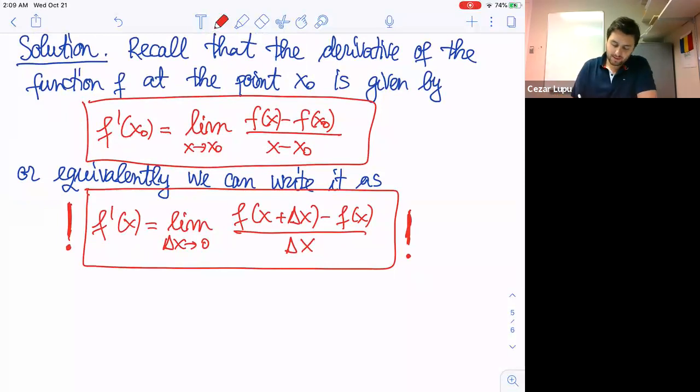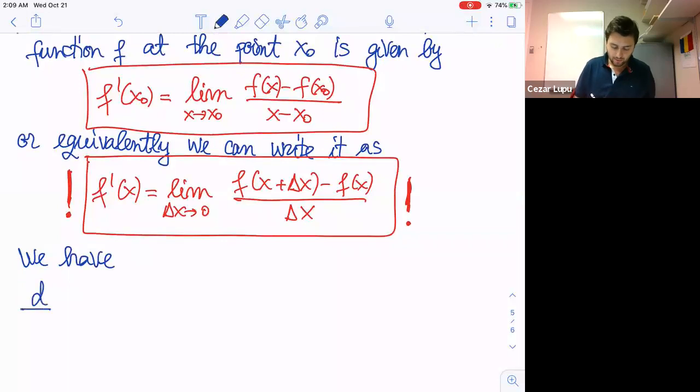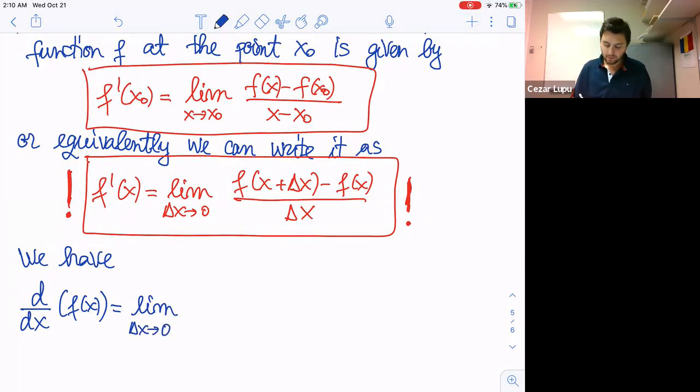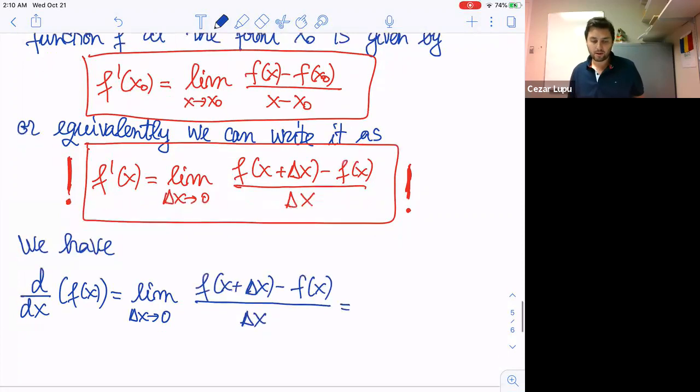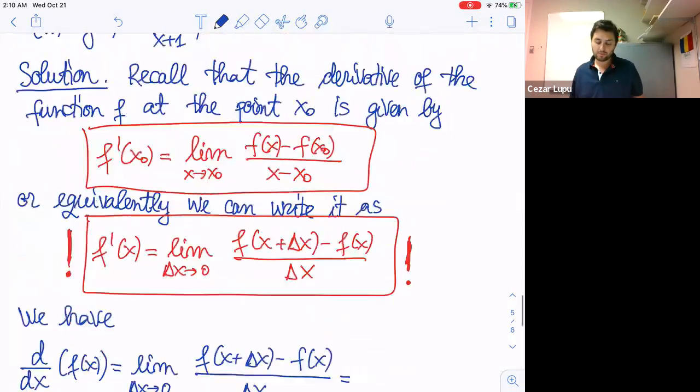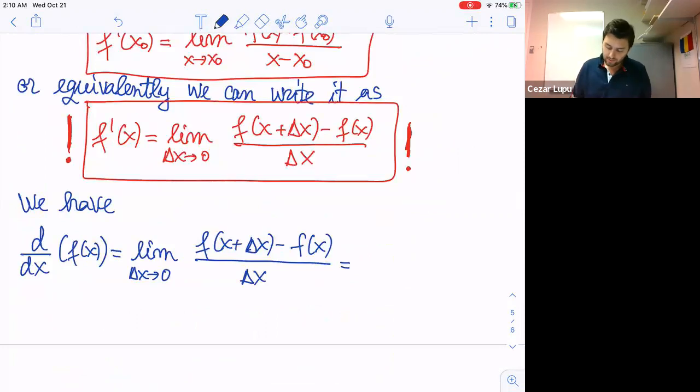And now let's see. So using this definition, we have the following, that the derivative with respect to x of f is nothing else than just the limit as delta x approaches 0 of, now let's write the definition, f of x plus delta x minus f of x, everything over delta x. Now let's look at our function.